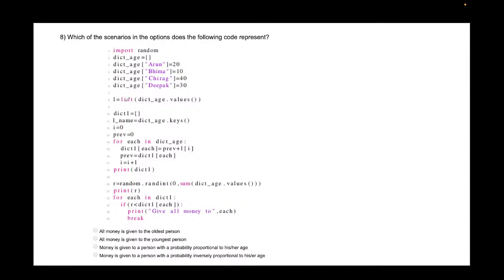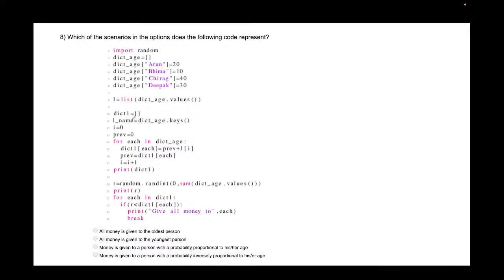Again, we are converting all the values into a list and capturing it in the object L. Okay, so that is done, and we create another dictionary, dict1.